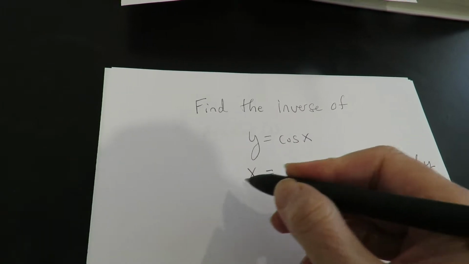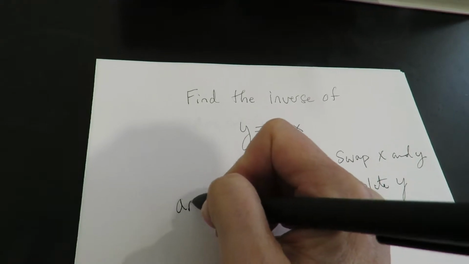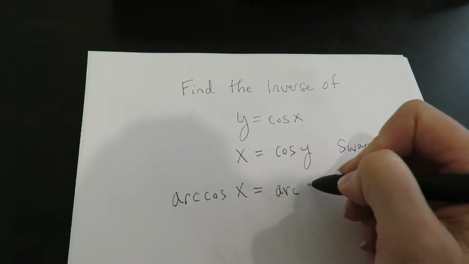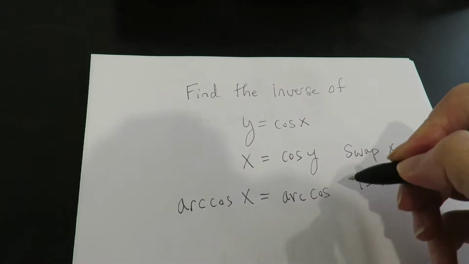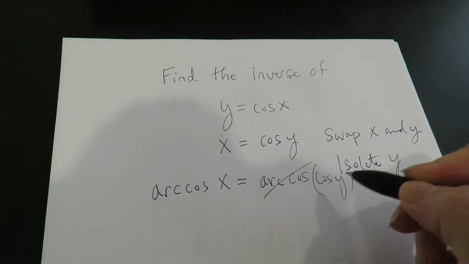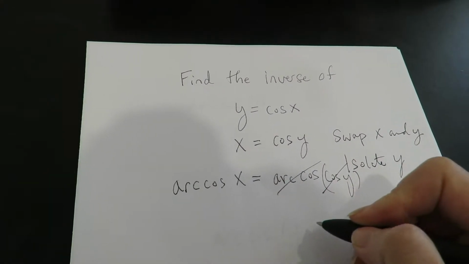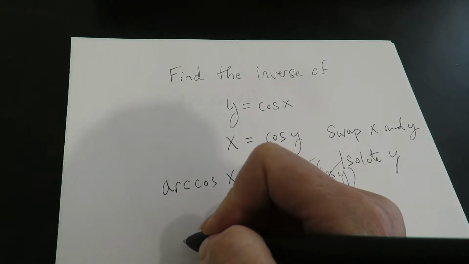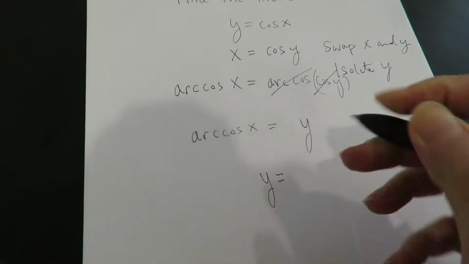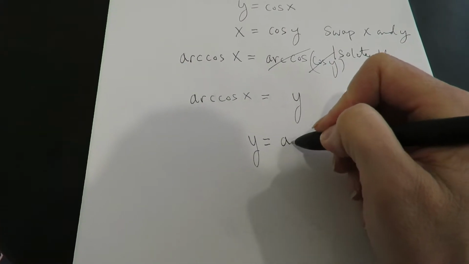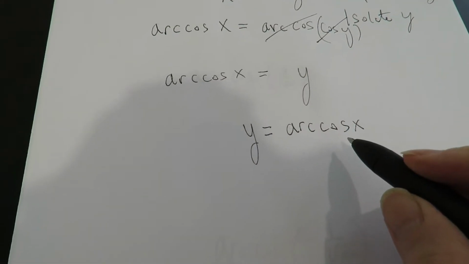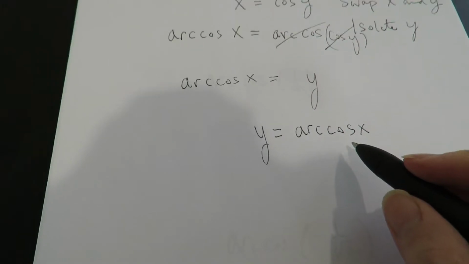To do that, you put on both sides something called the arc cosine: arc cosine of cosine y. The arc cosine and the cosine cancel. So this is the inverse function of the cosine.